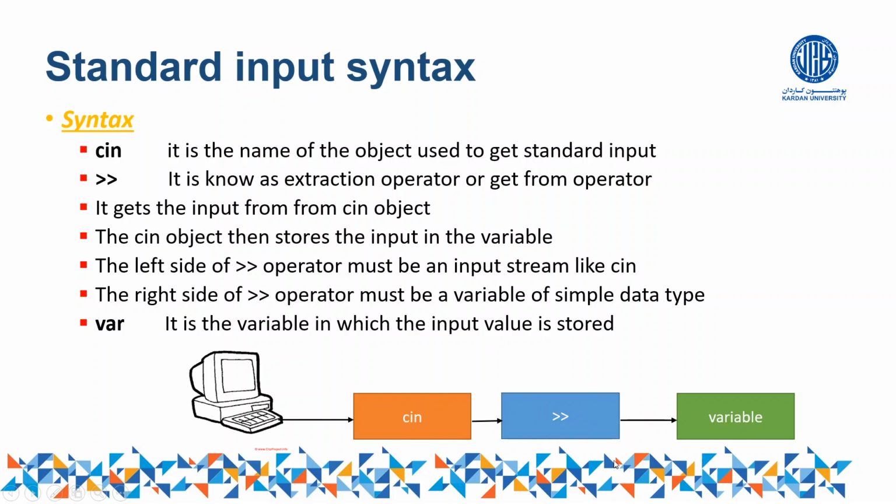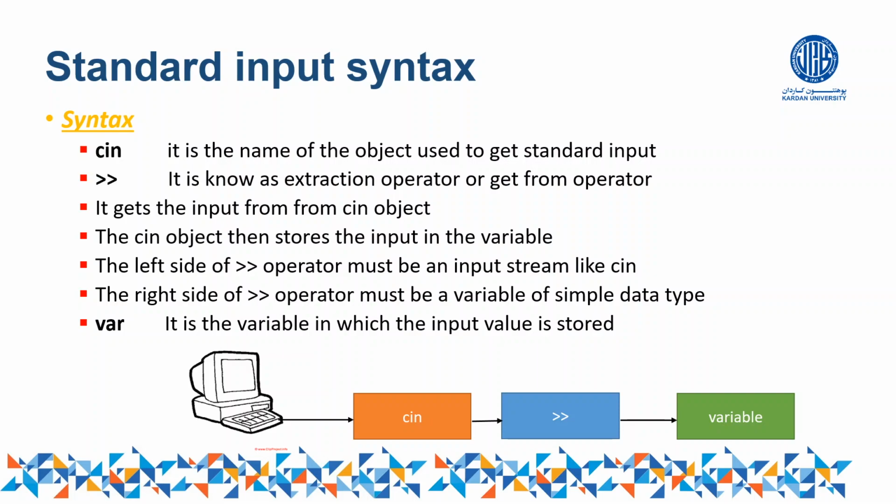To the variable. Look at the direction of this symbol. The direction is toward the variable. It means take the value from the keyboard, the cin object is going to pass it to this extraction operator, and the extraction operator is going to pass it to the variable.